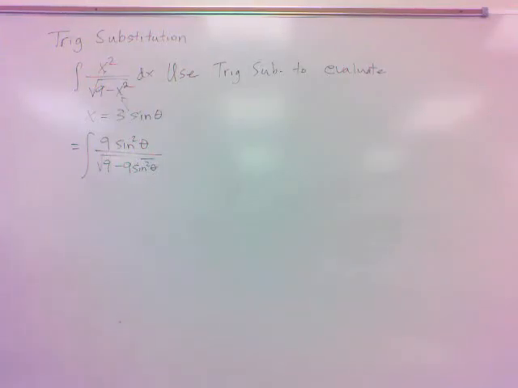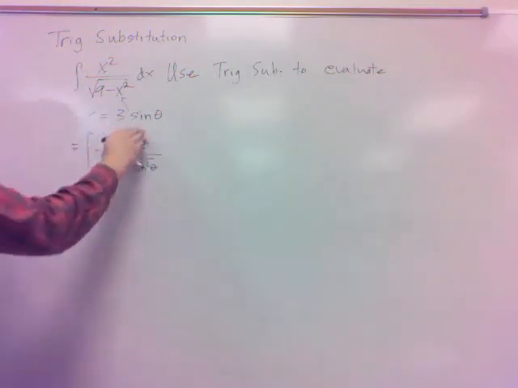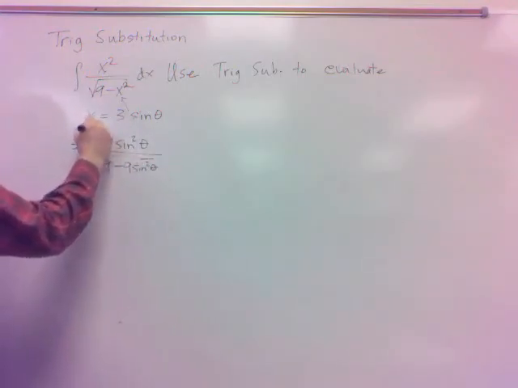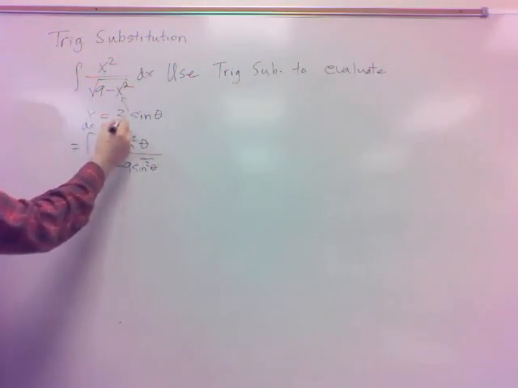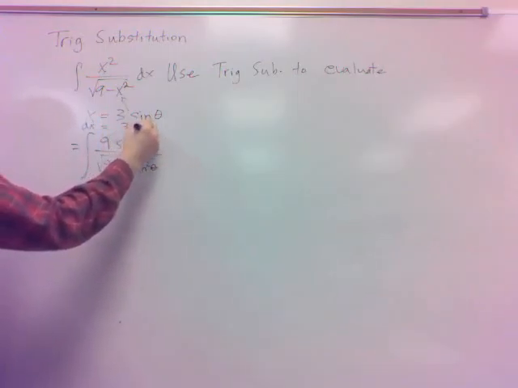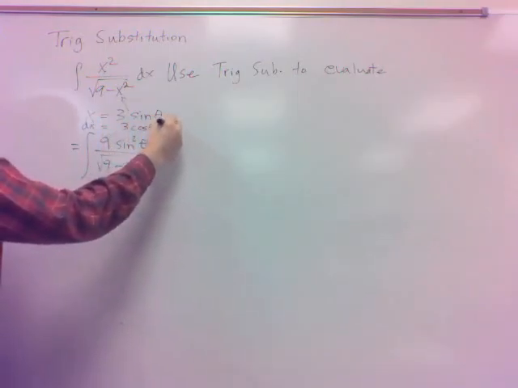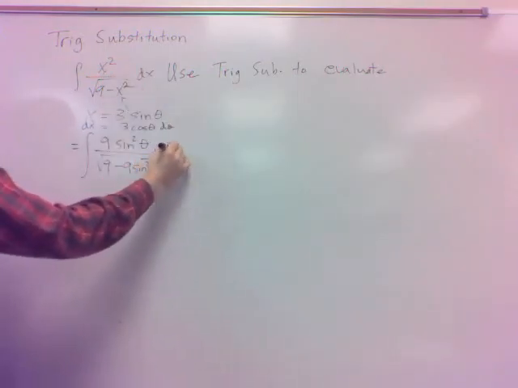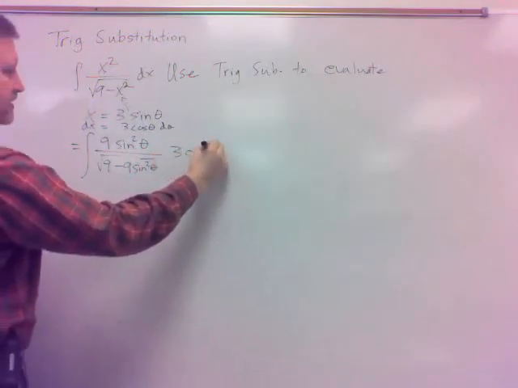So guess what I have to do for dx? I have to convert it to d theta. So that's just like in u substitution. What is dx? dx would be 3 cosine theta d theta.